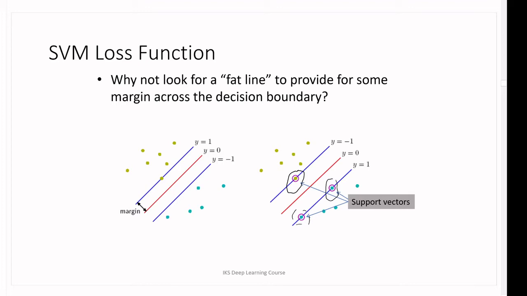And a support vector machine basically builds its decision boundary in terms of such support vectors. And the process of finding such support vectors is actually an optimization process, not similar to gradient search, but much more complicated. We are not going to go through that, but we'll just look at what kind of loss function one can have when you want to have a fat line as a decision boundary.